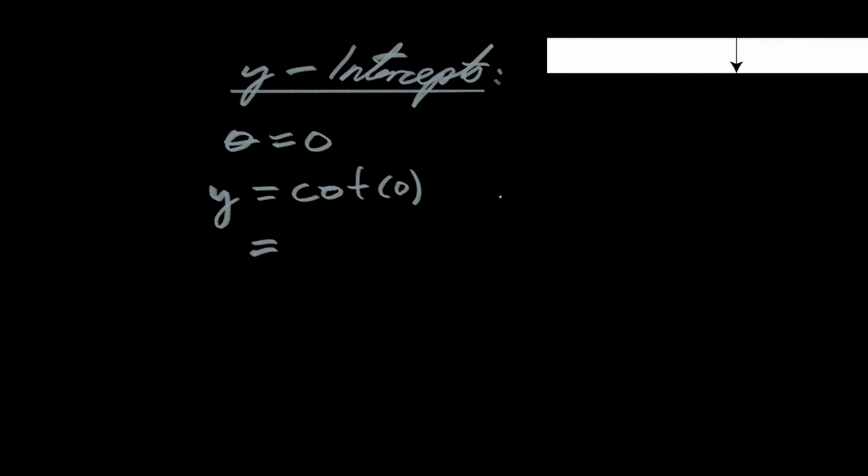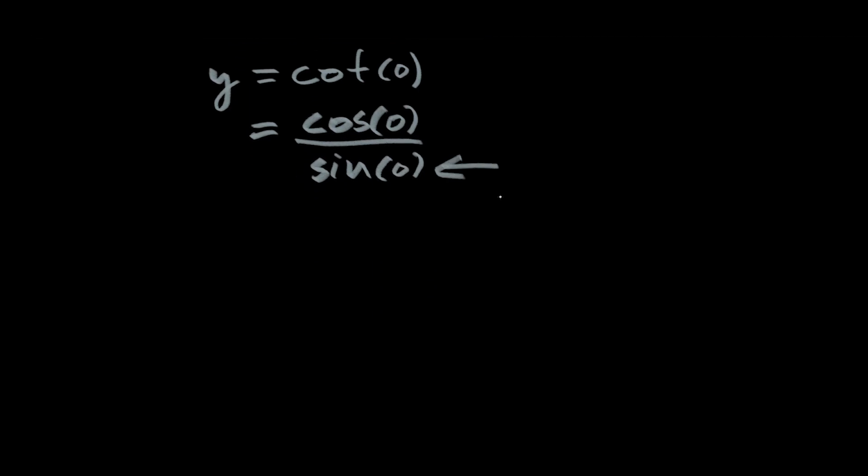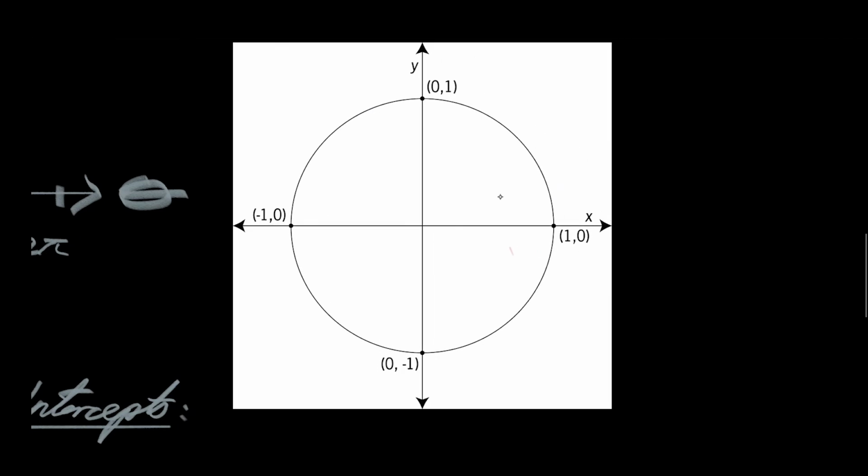And doing some manipulation, this comes down to the cosine of 0 over the sine of 0, right? But the sine of 0 is just 0, okay? You can see that from a unit circle. Sine of 0 is just 0, so if I draw a point here and a line to it, the angle between this line and the x-axis is just 0 because that line is on the x-axis.